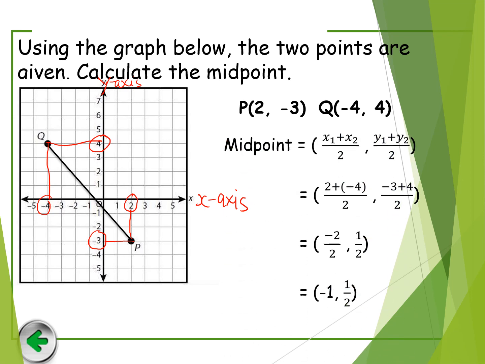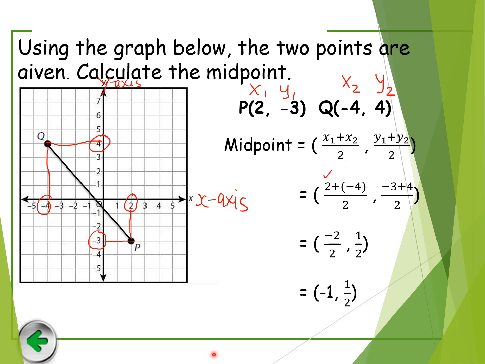The formula, we're going to substitute. So 2 is x1, -3 is y1. -4 for Q, that's x2, and 4 will be y2. We substitute. So 2 plus -4, and then we have -3 plus 4.